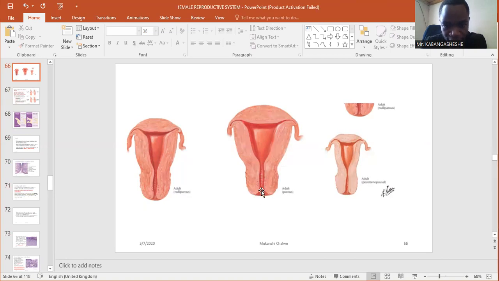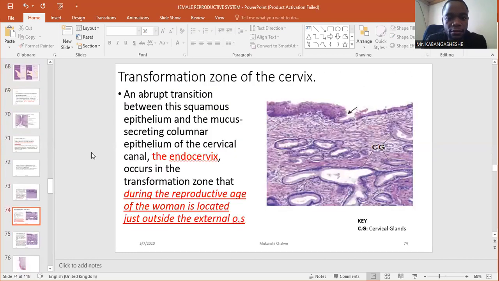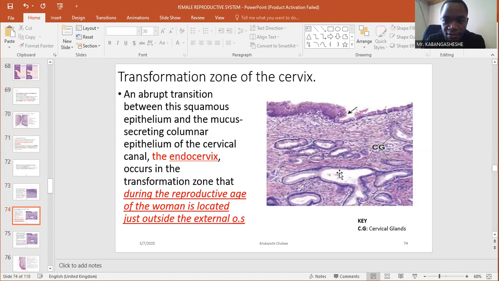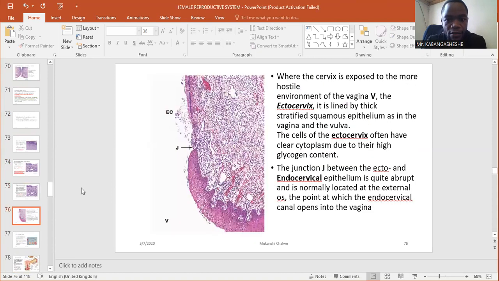Simple columnar, stratified squamous epithelium. So here, what we're seeing again are the same cervical glands, and we're saying once they are blocked, they become a Nabothian cyst.